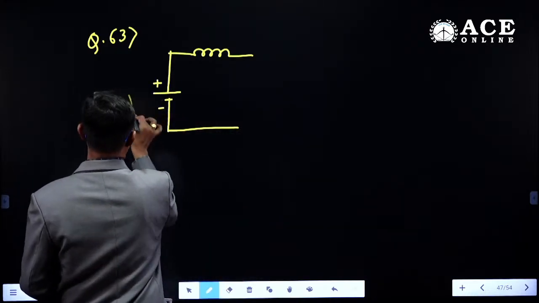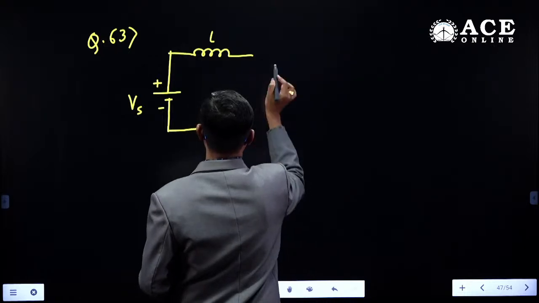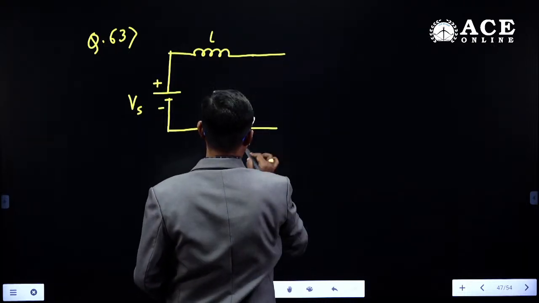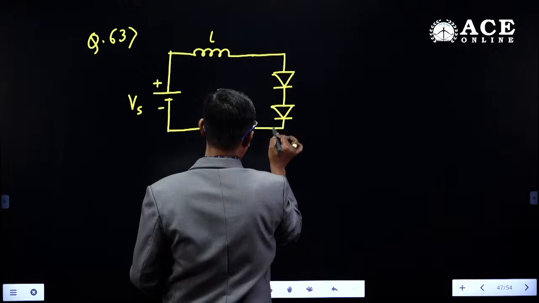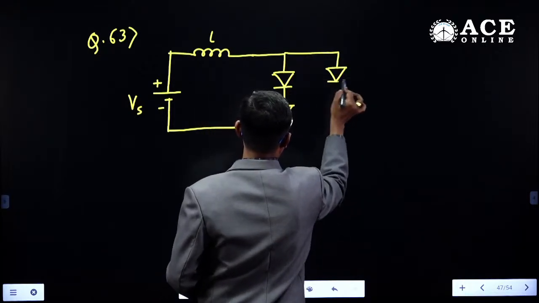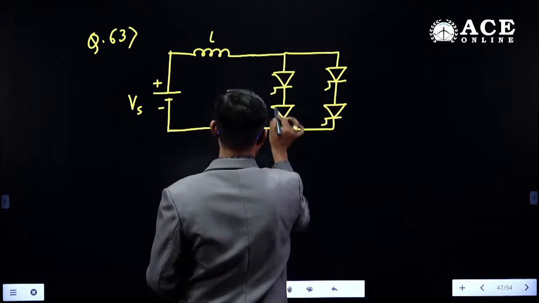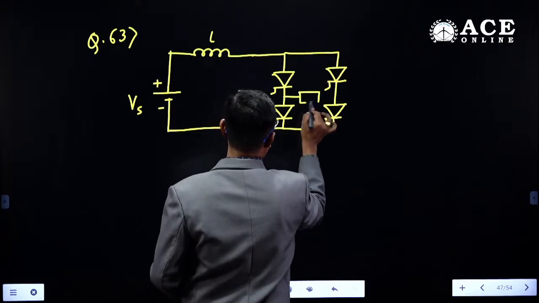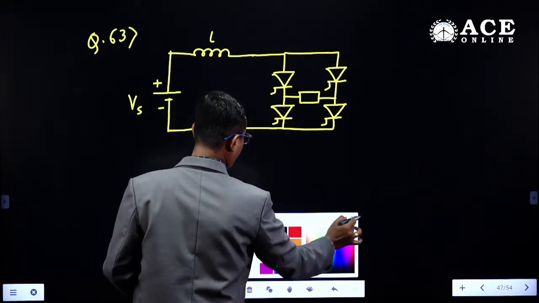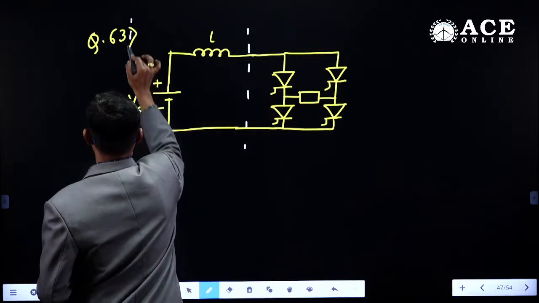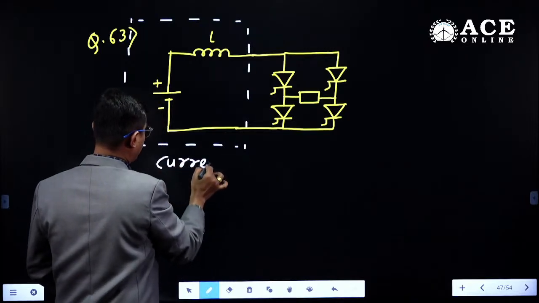And if you recall the construction of the current source inverter, we have 4 thyristors like this, and here the load is connected.